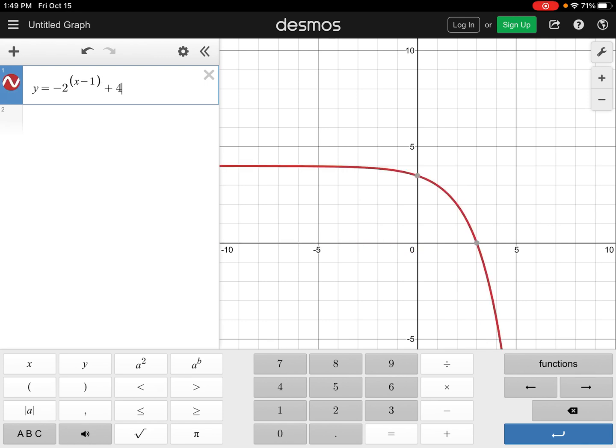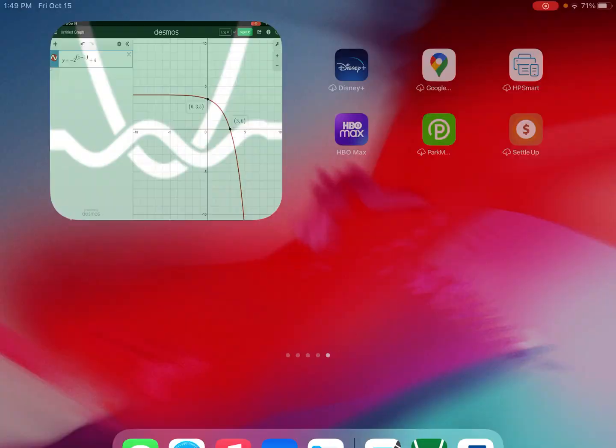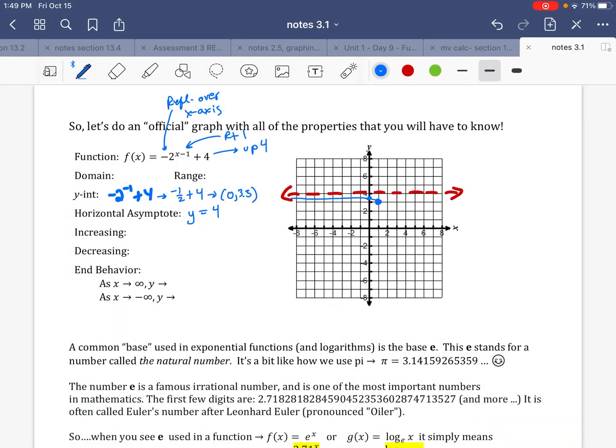Now jump over plus 4. So there's a picture. Let's look at the intercepts. It's at 3, 0, and there's that other one, 0, 3.5. So 3, 0. All right, so I don't want to graph it wrong, so there we go.